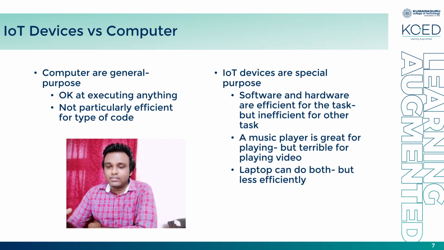When we compare IoT devices with computers, computers are general purpose, able to execute anything, but not particularly efficient for a particular type of code. IoT devices are special purpose devices. The software and hardware are efficient for the task because they are developed as part of an embedded system. They are very efficient for the task, but inefficient for other tasks.